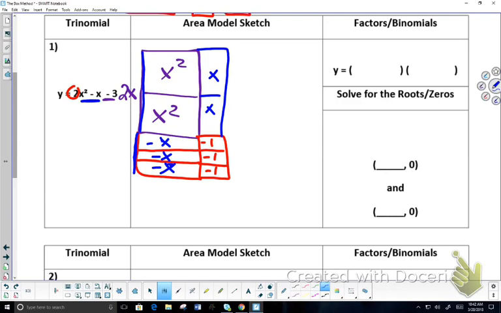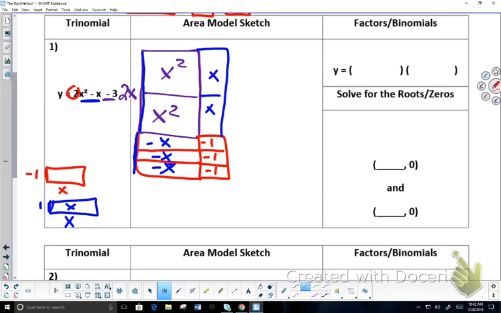I'm going to remind you. This rectangle is an x by 1. X times 1 is an area of x. How long is this side right here? 1. If it is red, how long is it? Negative. Negative 1.